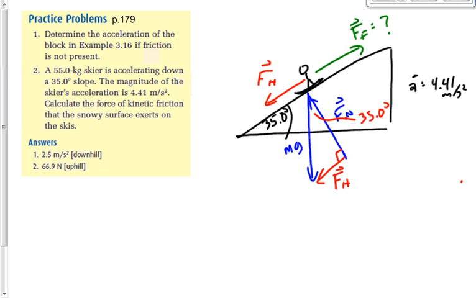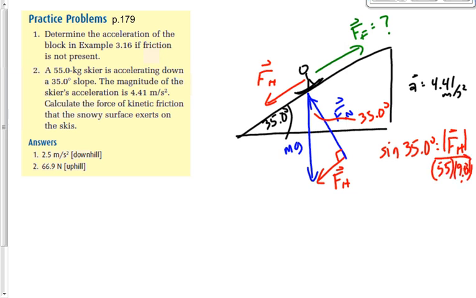What side of that blue and red triangle are we looking for? Opposite, adjacent, or hypotenuse? Opposite, yeah. So let's say sine 35 degrees is equal to opposite, FH, over the hypotenuse. And the hypotenuse is m times g, force of gravity. That's going to be 55 times 9.81.